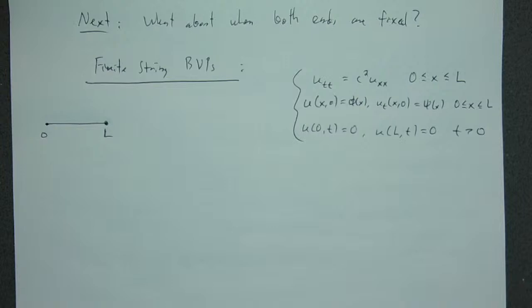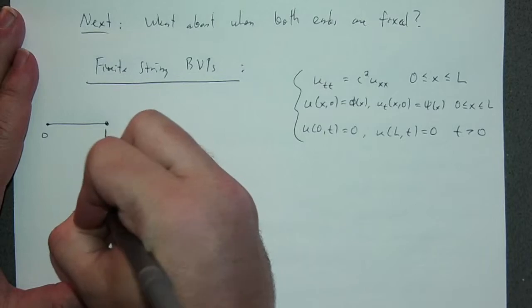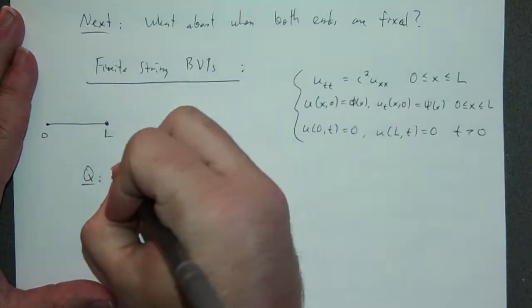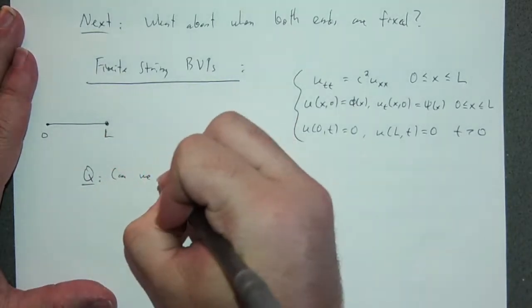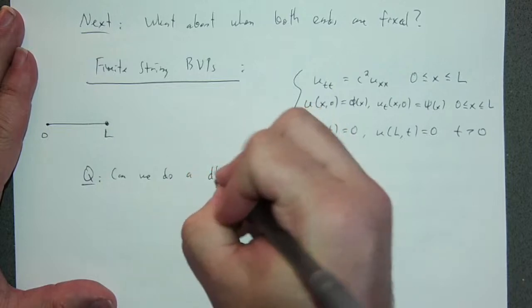And so the first question you're going to ask is, can we do a D'Alembert type thing?